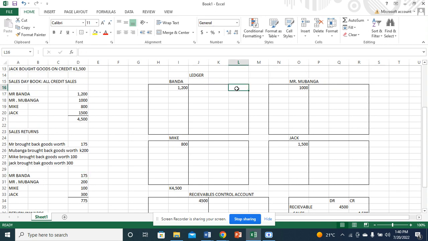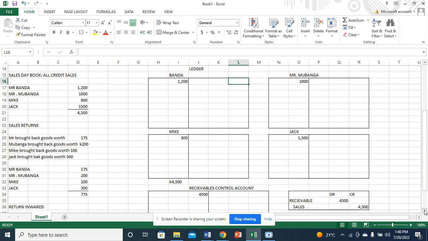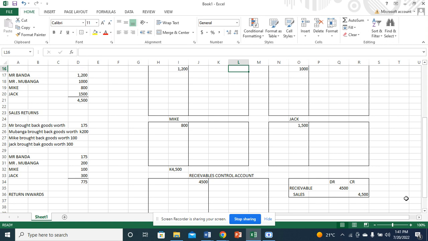The return inwards T account is not of importance here. It is also going to have all of this, but here we're just focusing on what's happening to our receivables. So ignore the return inwards T account. So Mr. Banda, 175.